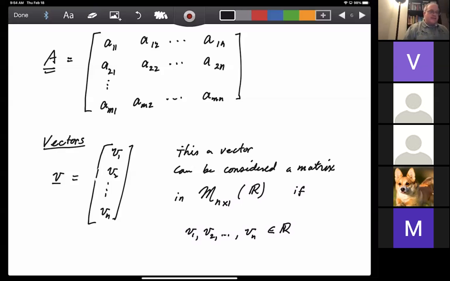And as far as MATLAB is concerned, it really doesn't make a distinction between vectors and matrices. You just have to keep track of the dimensions of your object, and MATLAB will treat it correctly.